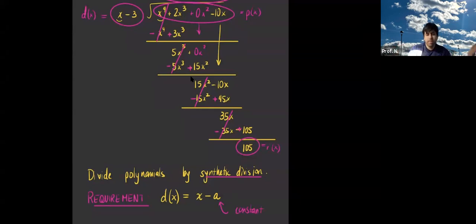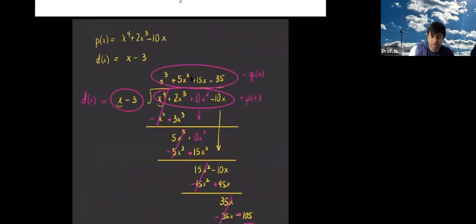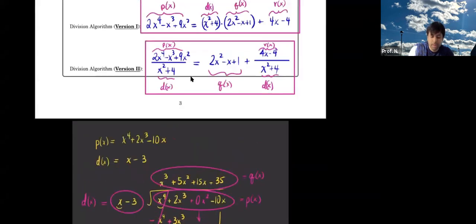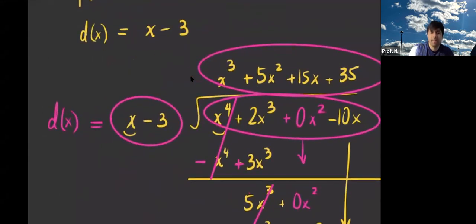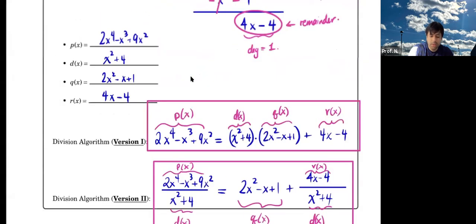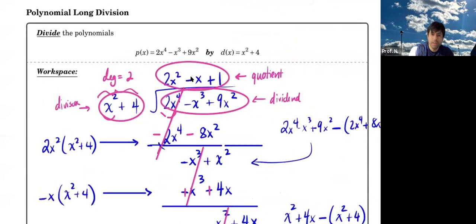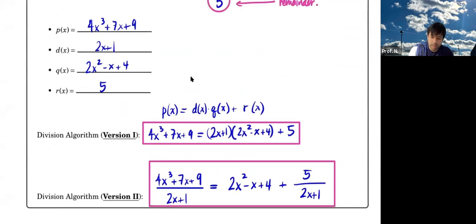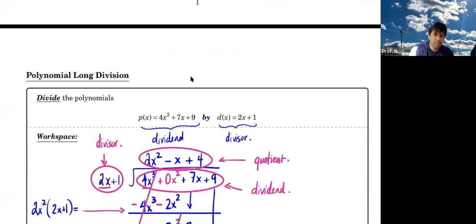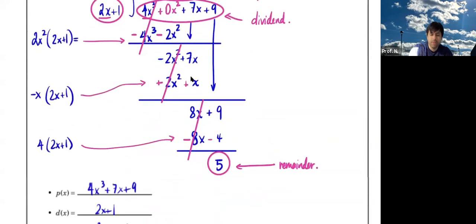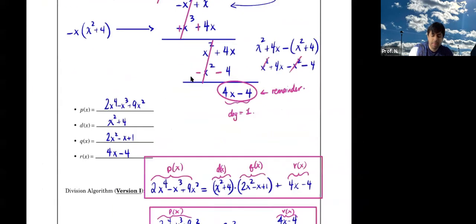Other than everything being polynomials, of course. But the requirement is that d of x is x minus a number, or x plus a number. So for example, here my divisor is x minus a number. In the other examples, such as this one here, synthetic division is not applicable. The one here, you can finagle it, but still there's a 2 in front. It has to be x minus a number or x plus a number. That's the only time that synthetic division is going to be applicable.